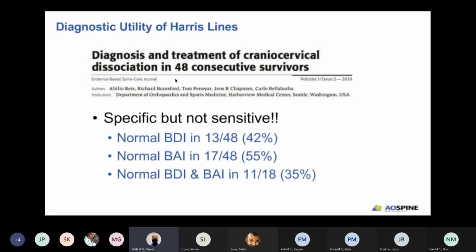But of the people who had normals, you'd pass that off. You'd go, okay, that's a non-issue, right? Mm-hmm. How many, and then subsequently something happens and they get diagnosed with an OCD. How many of those people, of those 18 or of the 11, subsequently had neurologic deterioration before their injury was diagnosed?